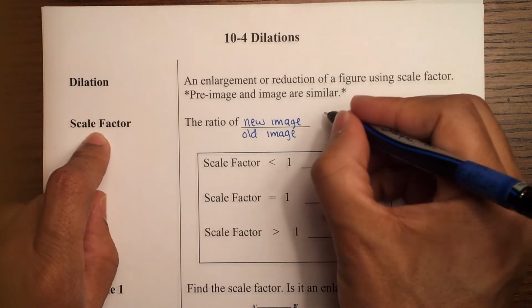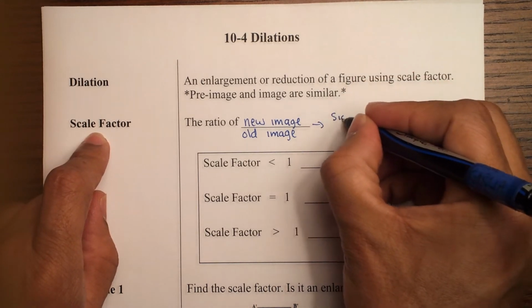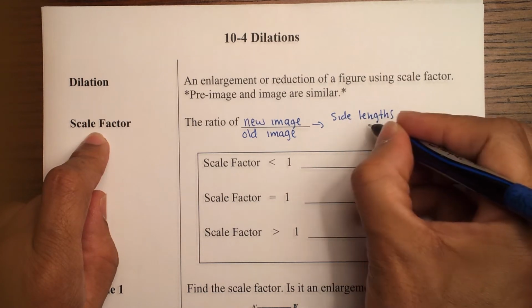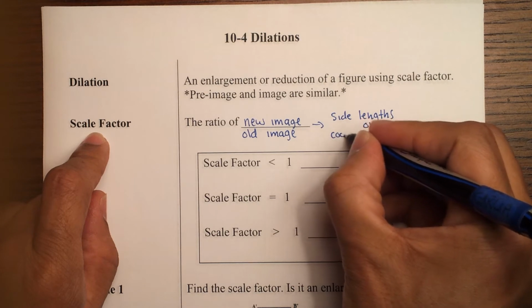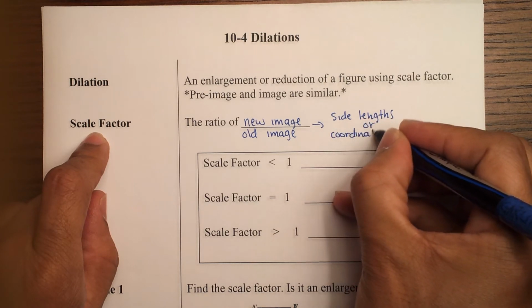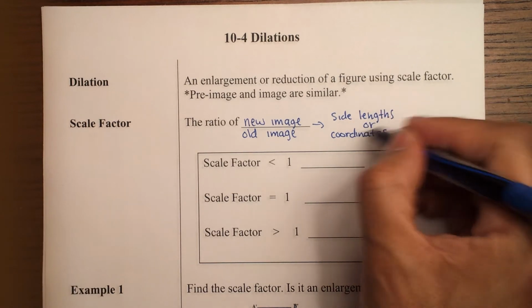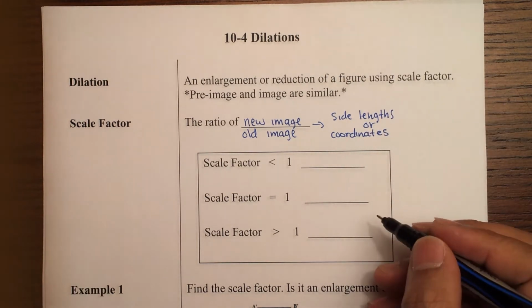Okay, so this applies if we're given either side lengths or coordinates. We can use the scale factor on both, either side lengths or coordinates.